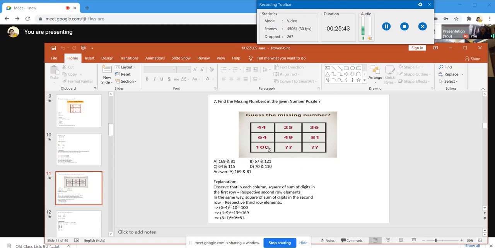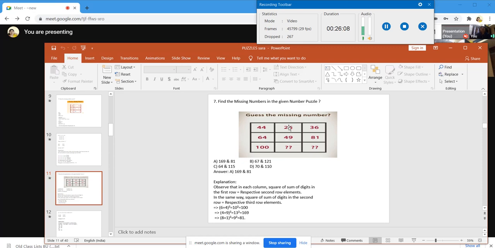44, 64, 100. Immediately we think, is there any addition? No. Then we think, 64 in the top: 4, 4, 4, 4 is 8, and 8 into 8 is 64. Likewise next, 6 and 4: when you add 6 and 4, it comes as 10, and 10 into 10 is 100.